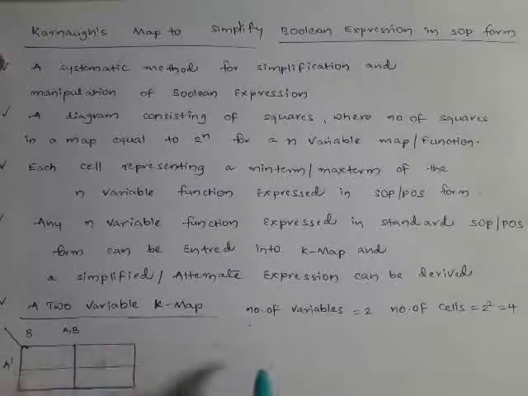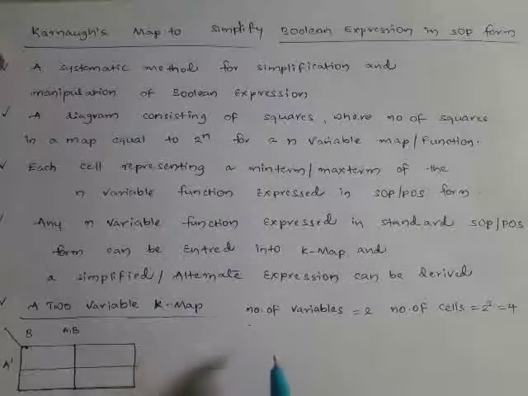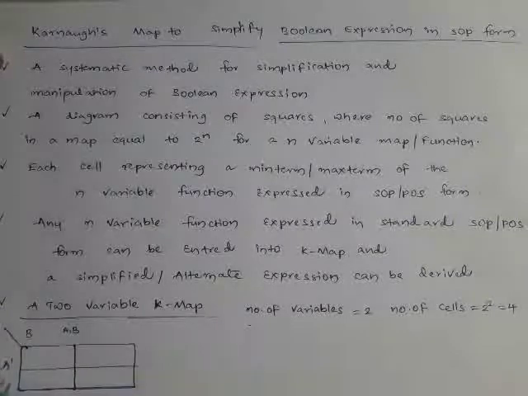Since we are representing the minterms, when the value of a is 0, a is represented in its complement form, a bar. The variable a has 2 choices, either 0 or 1.